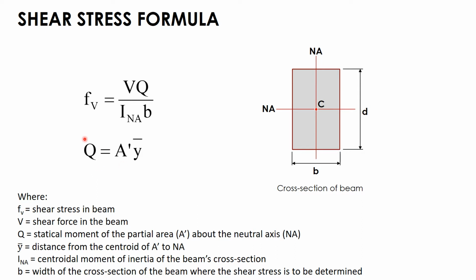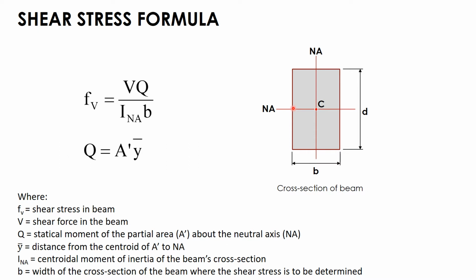To get Q, as defined here, A prime is the partial area about the neutral axis. So, this is the neutral axis again. When we say partial area about the neutral axis, it will be the area either above the neutral axis.